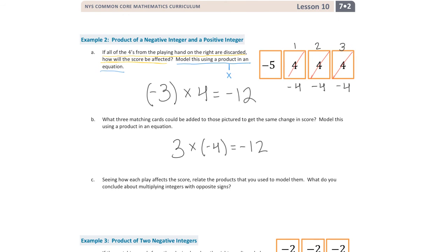C. Seeing how each play affects the score, relate the products that you used to model them. What do you conclude about multiplying integers with opposite signs? For example, what we can show is that negative 3 times 4 equals 3 times negative 4.